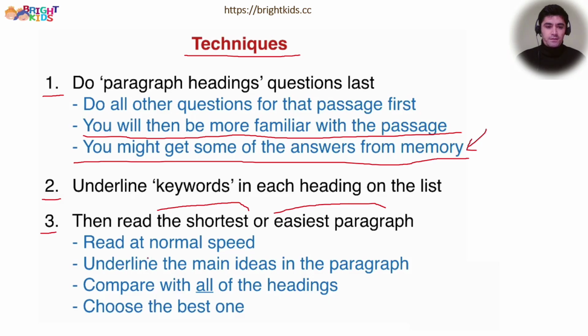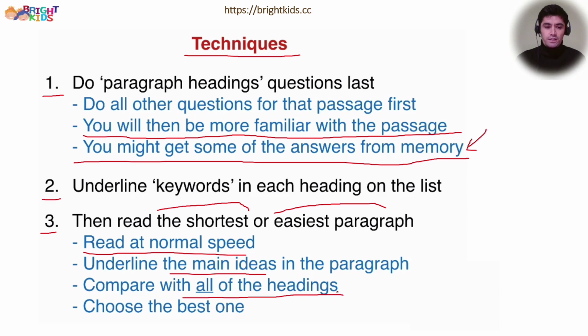So after you choose the paragraph, you should read it at normal speed, and then underline the main ideas in the paragraph. The next thing you need to do is to compare them with all of the headings.